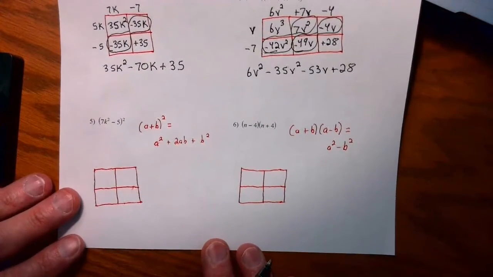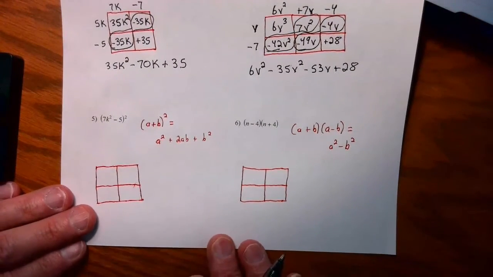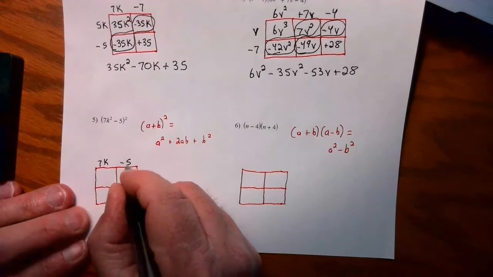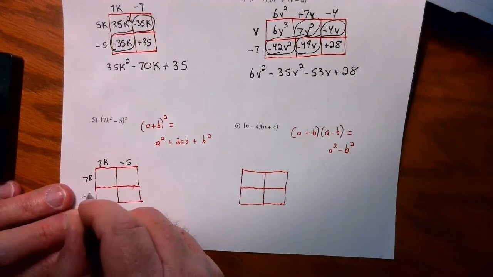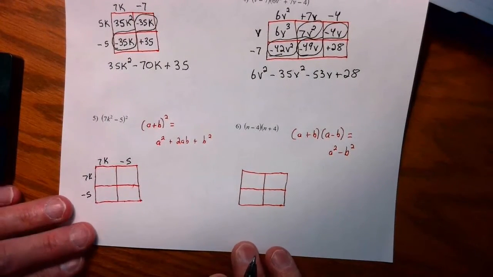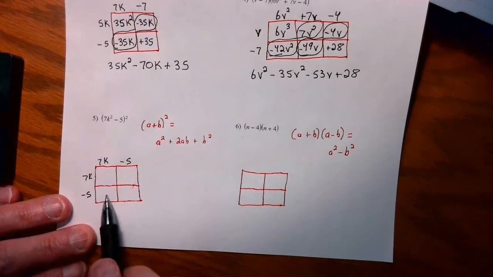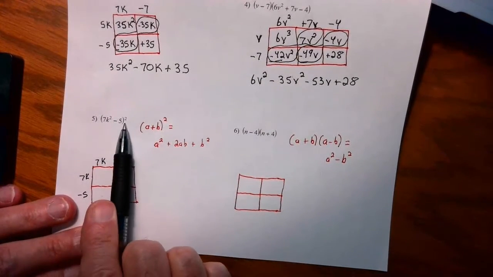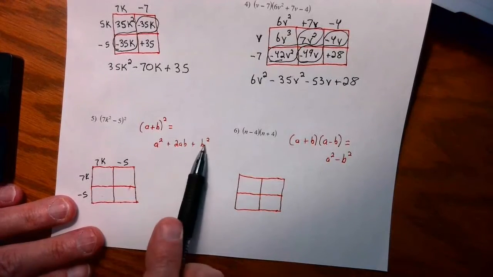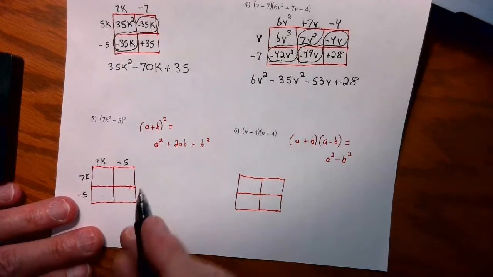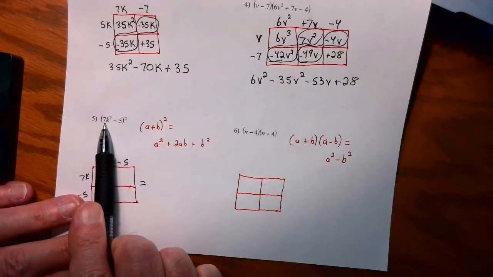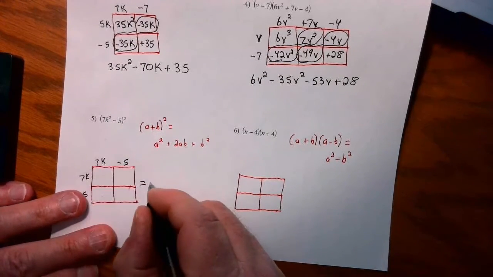Now, guys, I want to show you these last two. You can put them in a box if you want, all right? I don't think that's the best way to do it, but if you want to put 7k squared minus 5 and 7k squared minus 5 right here, you can do that. And you'll notice these two diagonal terms will be the same, so you double them, you add them together. Or just look at it and use this pattern. The answer, a squared. This first one's squared. So it's 7 times 7 is 49.